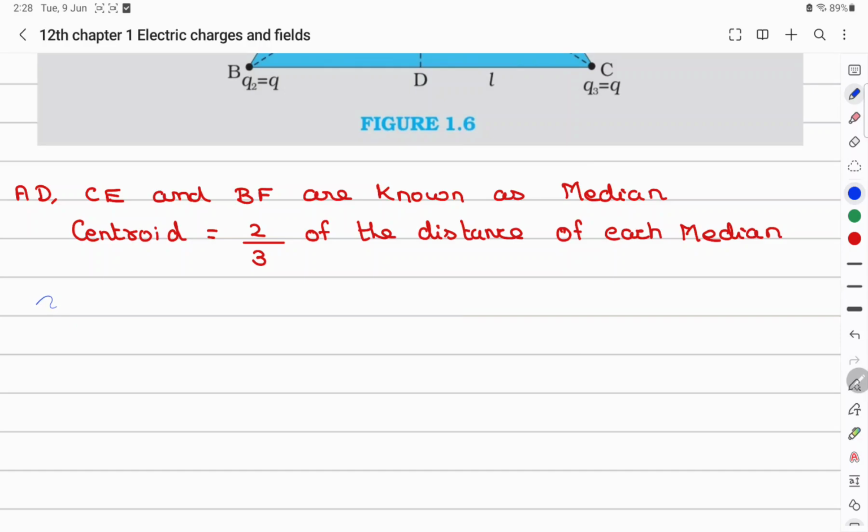So the centroid point O is equal to 2/3 of AD, or the centroid point O is equal to 2/3 of CE, or the centroid point can be written as O equal to 2/3 of BF.